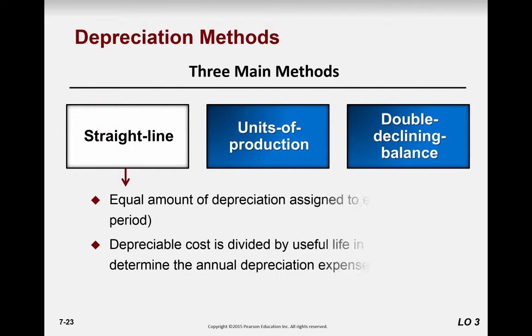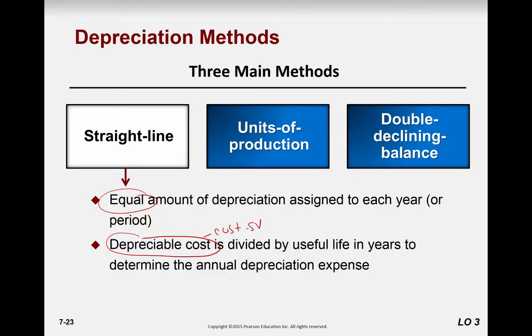With straight line depreciation, we're taking an equal amount of depreciation over each year. The depreciable cost, which we know is the cost minus the salvage value, is divided by the useful life in years to get the annual depreciation.